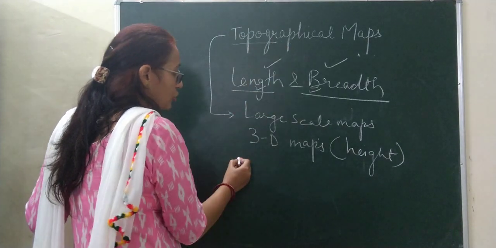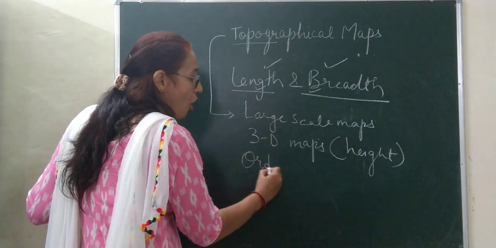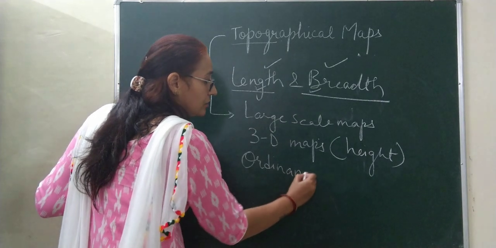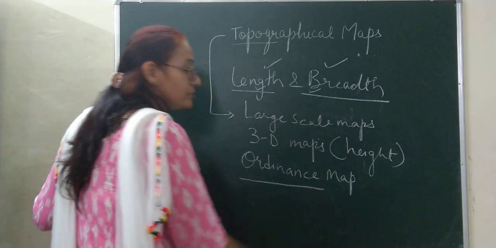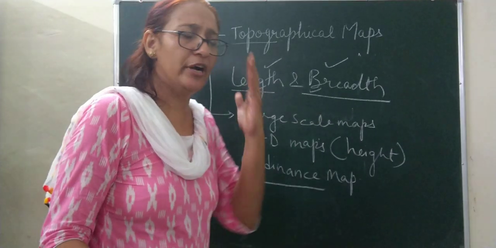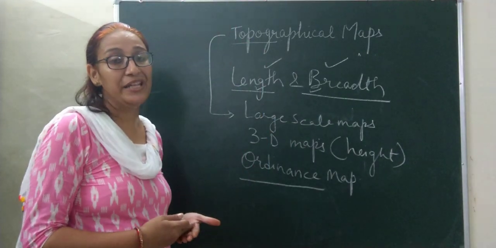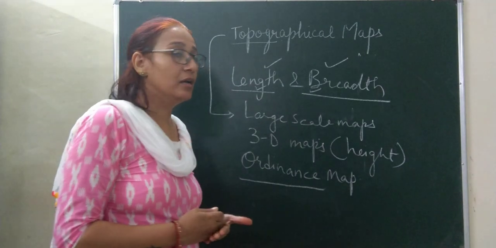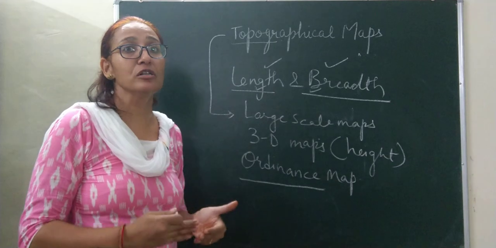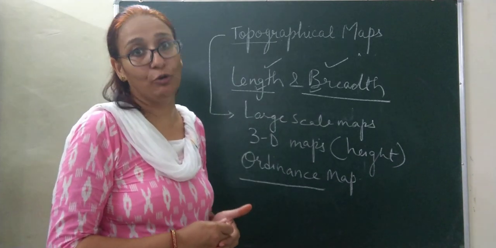Topographical maps are also known as ordnance maps. The word ordnance means artillery. You have heard in history, the word artillery means weapons. Earlier these maps were first used by military groups.